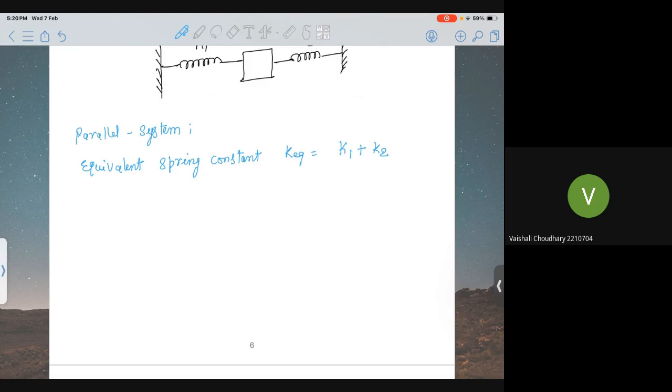We have already determined the value of K1, which is 21.76 kilonewton per meter, and this is 34 kilonewton per meter. So the equivalent spring constant or stiffness constant in the case of the parallel system is 255.76 kilonewton per meter.